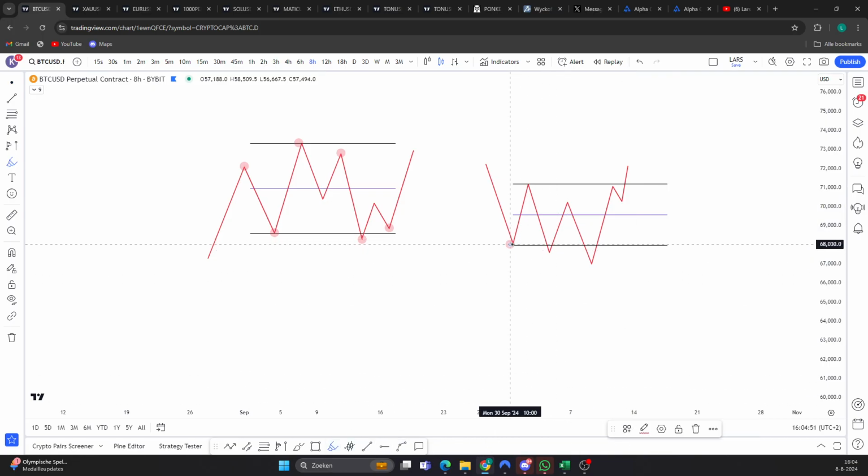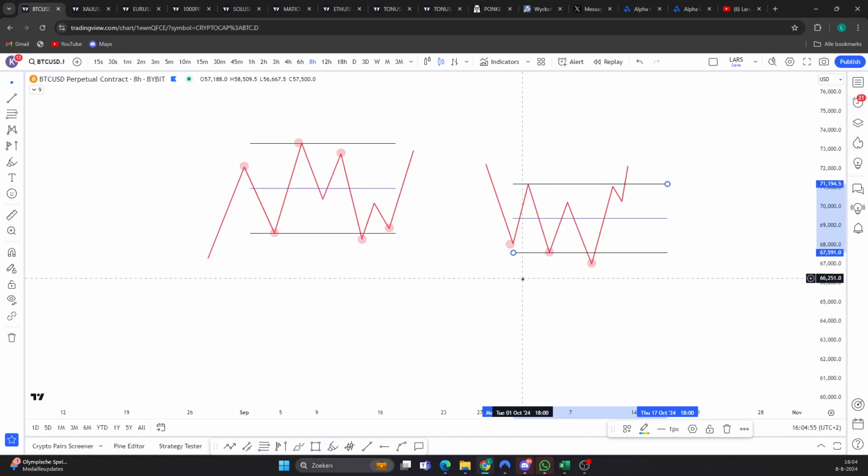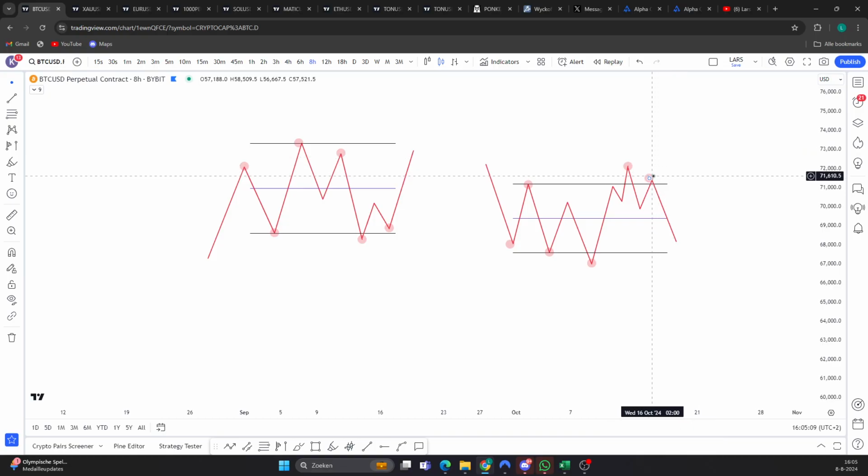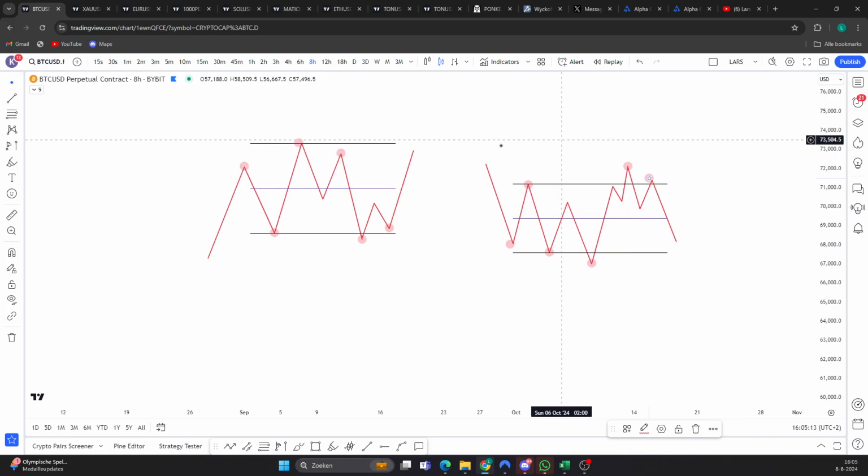We have our tap 1, our tap 2, our tap 3, each going lower, indicating a Wyckoff model 1 accumulation, and then we tap the range high. But from there, instead of breaking the range high, we come back inside and we start deviating it, and we create a possible distribution, right? The moment you start deviating it, this accumulation could go over into a distribution.